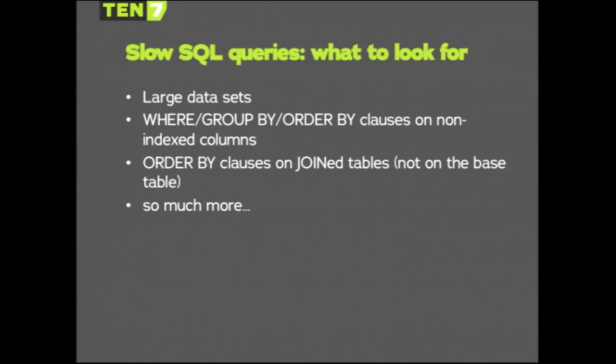One that often trips people up: order by clauses. Even when they're indexed, if they are on columns from joined tables that aren't the base table, then that's not something that MySQL can use indexes for.